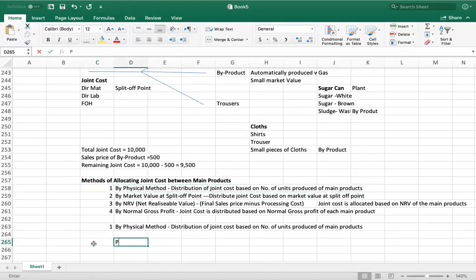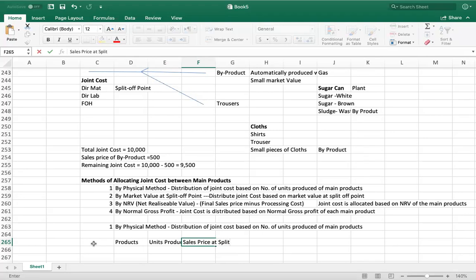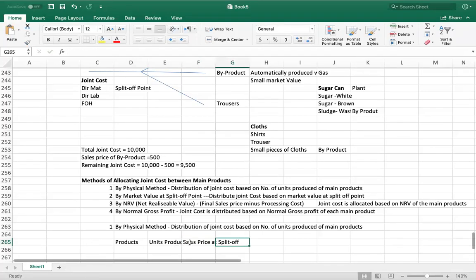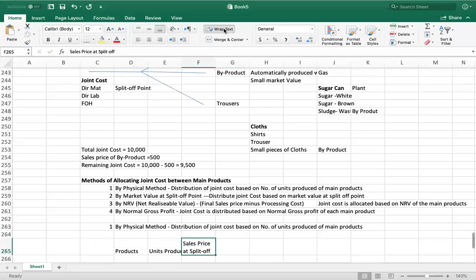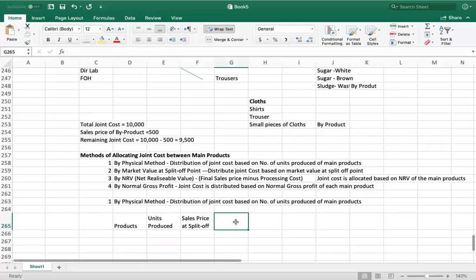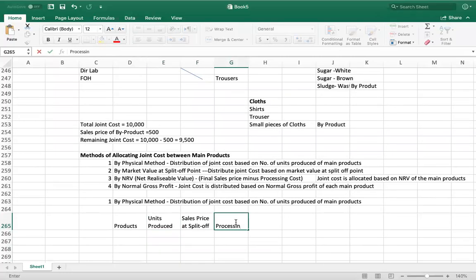We have products, units produced, then sale price, then processing cost, then final sale price.